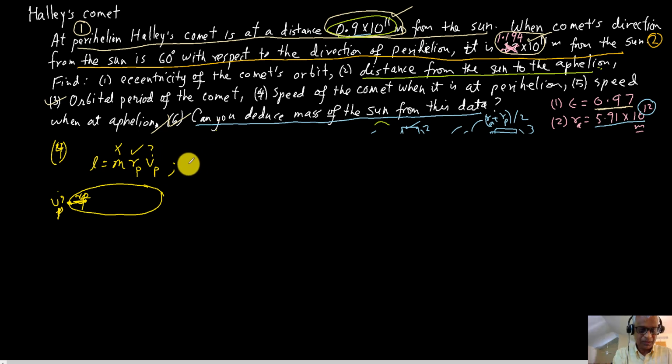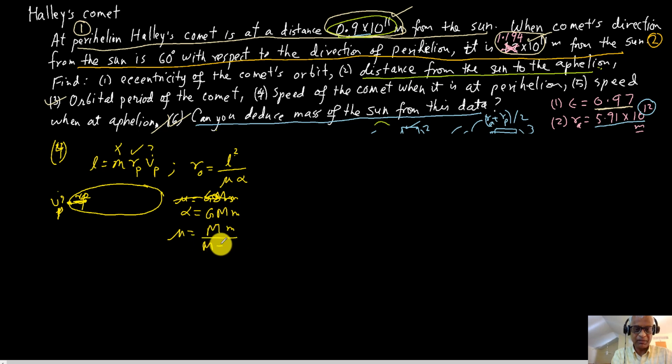So R0 was L squared over mu times alpha, and alpha is G M m. I'm sorry, mu is not that. Alpha is G M m, and mu is M m over M plus m.